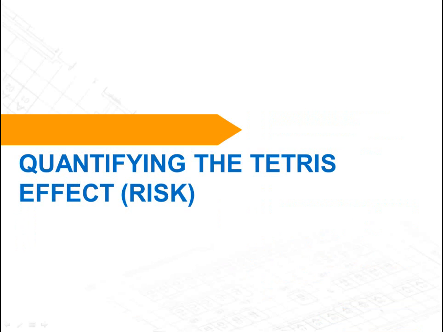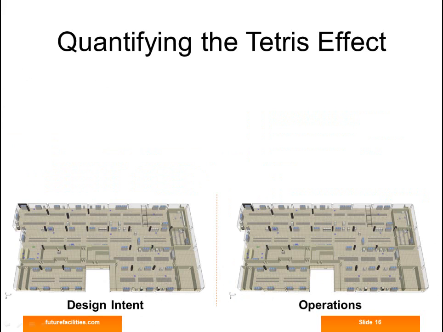So how do you quantify risk, or the Tetris effect? With the virtual facility, the level of performance at any point in time for the data center can be calculated. This is done quite often by design firms for the initial design of the data center. A data center must comply with 3 performance requirements as it's being designed.